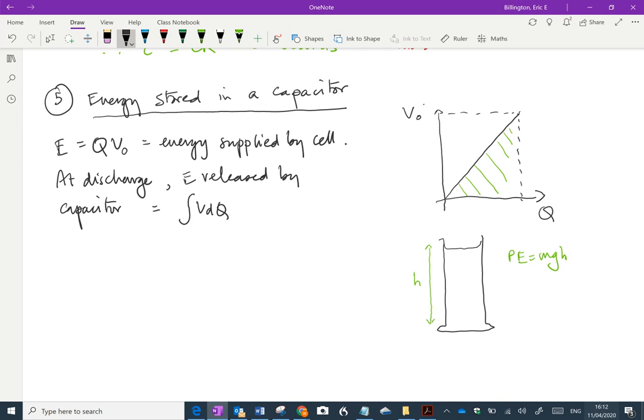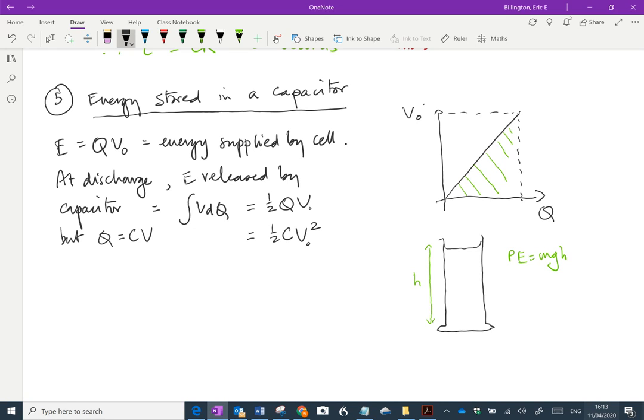So that's the area that I've shaded, and so we can see straight away that it's just going to be a half because it's a straight line graph. And then we can say, but Q equals CV, and therefore if we substitute in there, we get a half CV squared, and whether you put the naught in or not doesn't really matter.